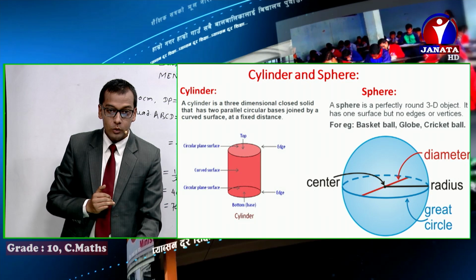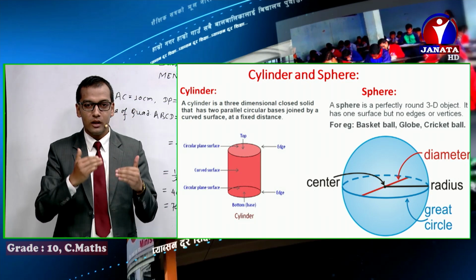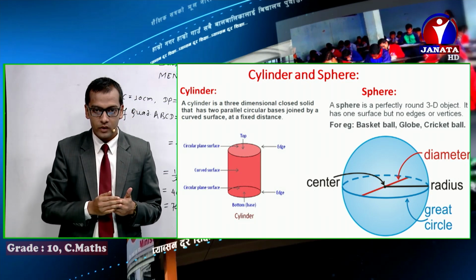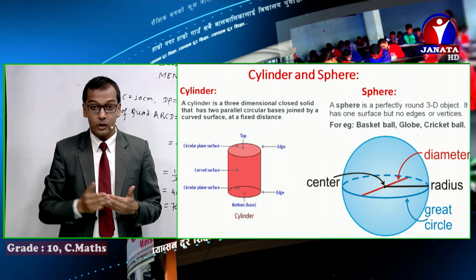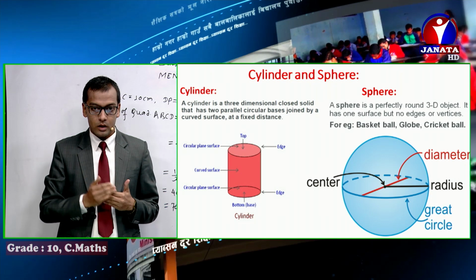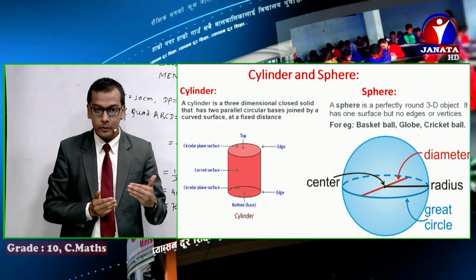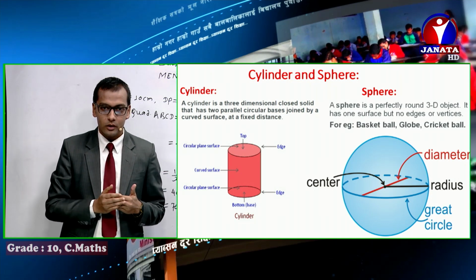Let me do one activity here. We can do it together. If we have one rectangular sheet of paper, we can transform it to a cylinder. So let me do the activity.